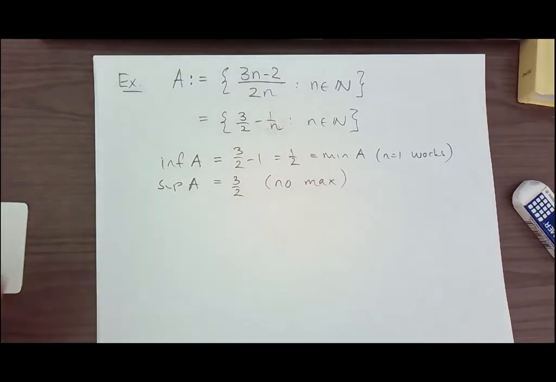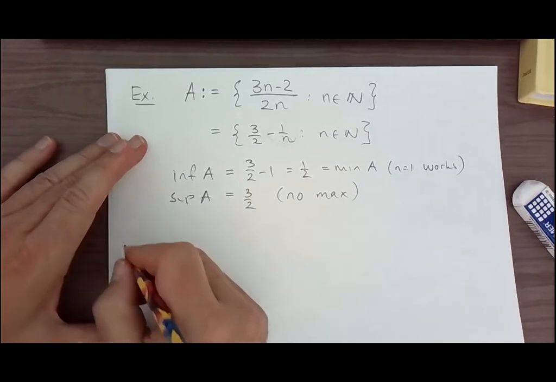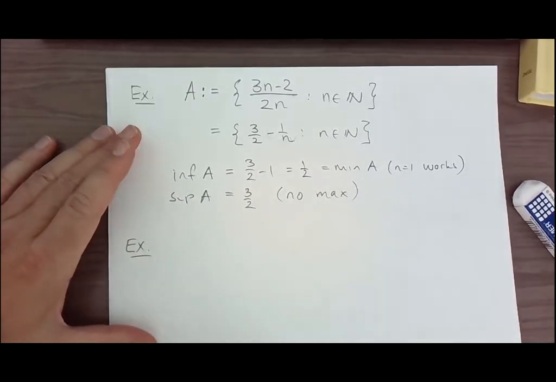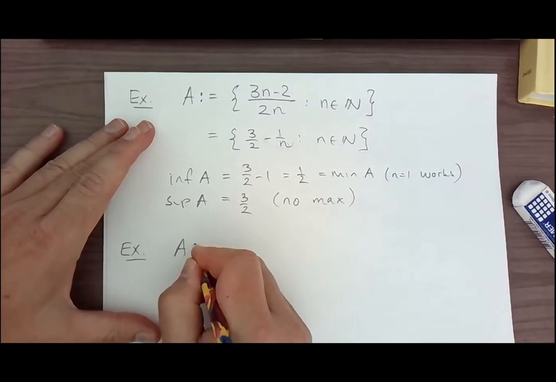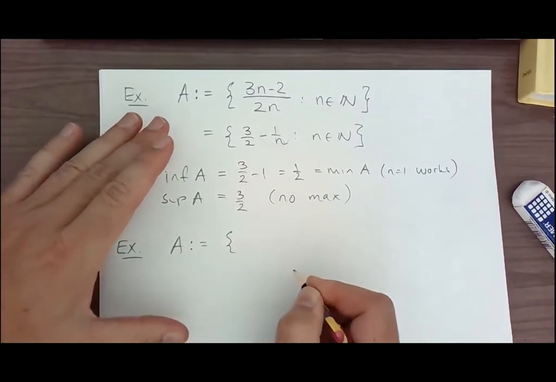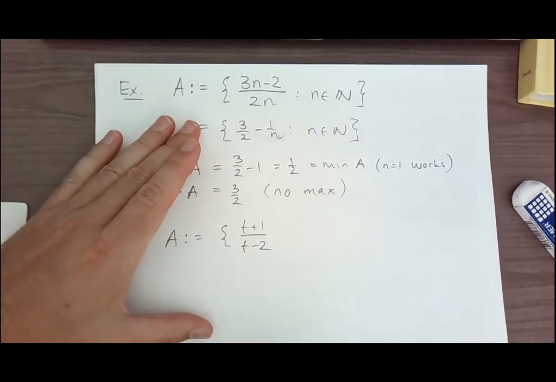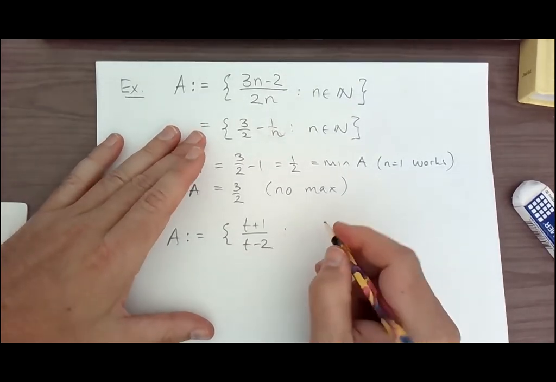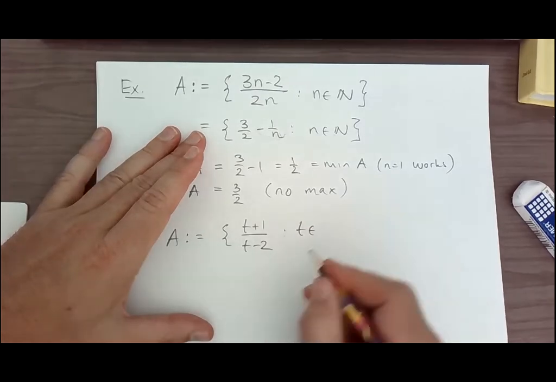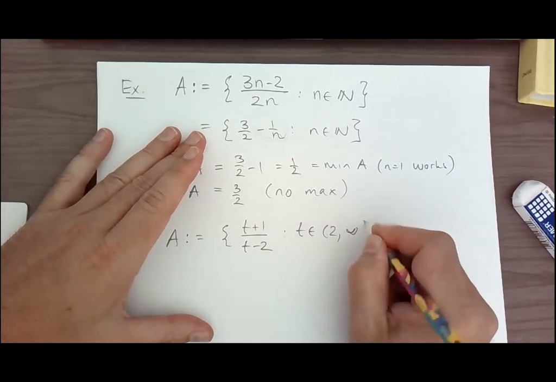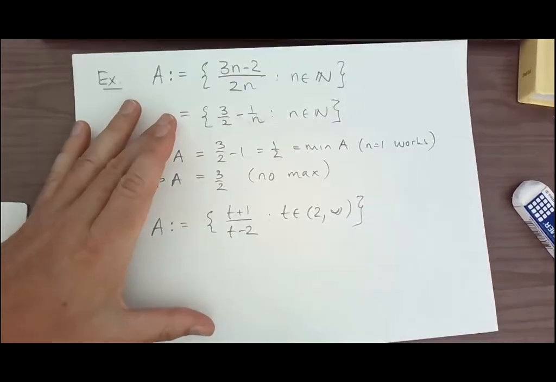So by the same token, let's try to look at something like this set. So here I have t plus 1, and then I'll divide by t minus 2. And now I'll take t in the interval 2 to infinity. Something like this.